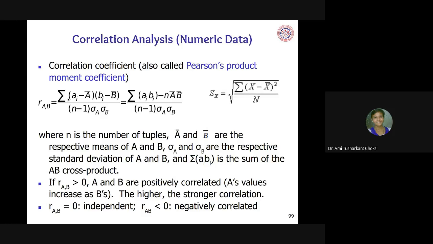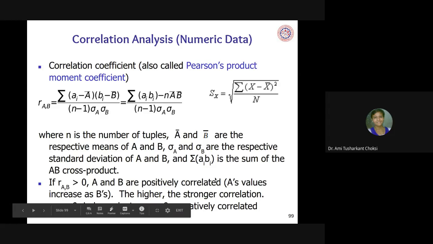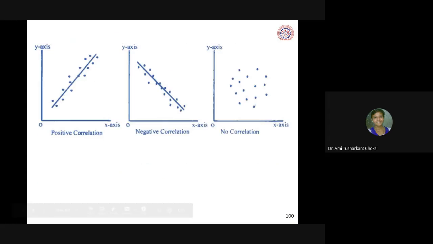That is the maths only. Whatever data is there, you just have to apply it in this equation. Find the value of R. That is the Pearson's correlation coefficient. And then you need to check whether it is greater than 0, less than 0, or equal to 0. Fine. Based on that, we can say it is positively correlated, negatively correlated, or no relation.